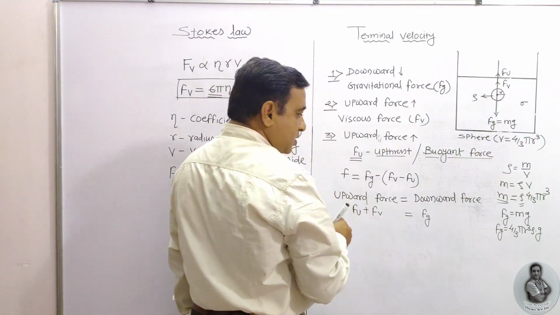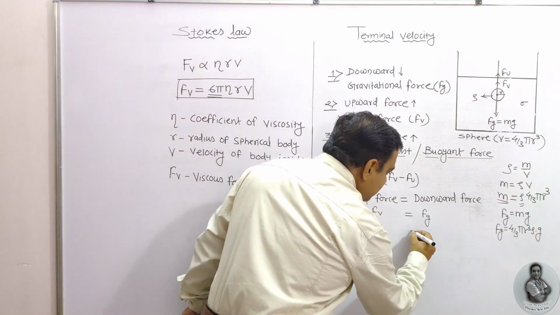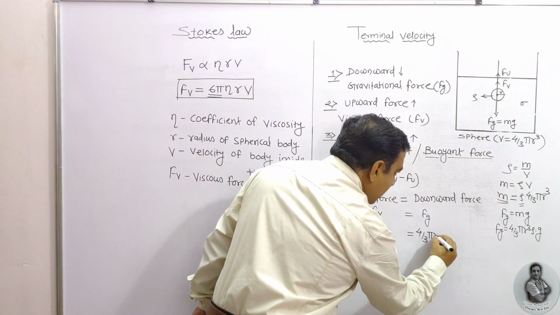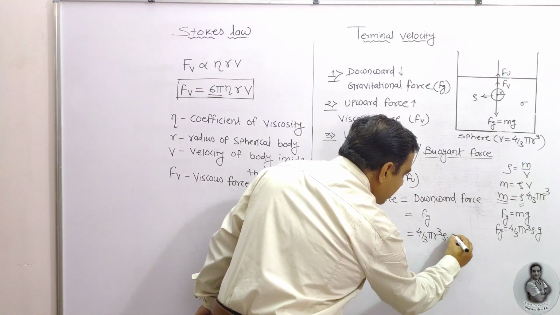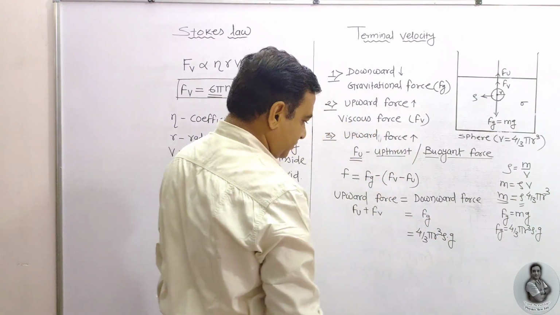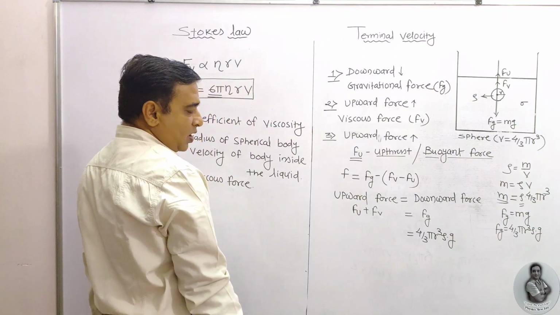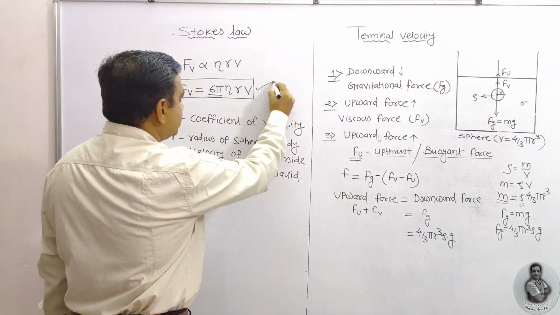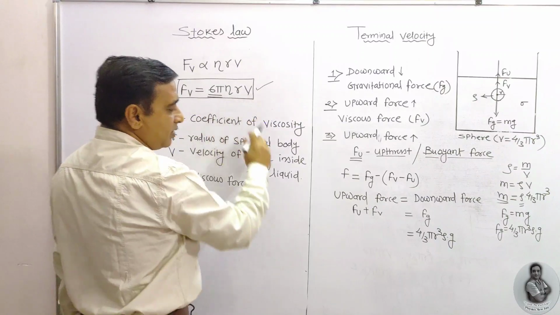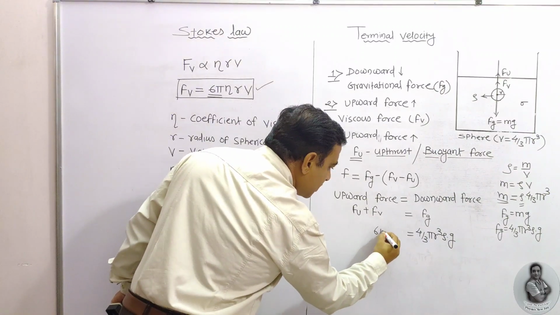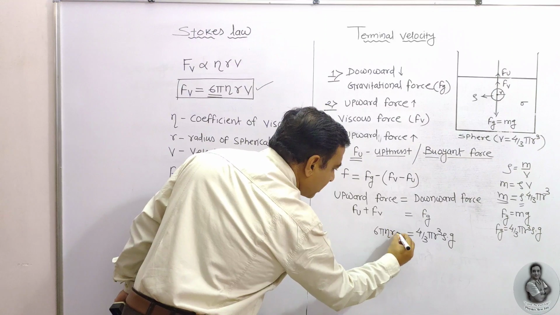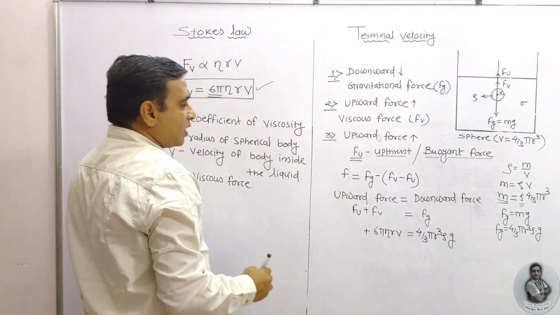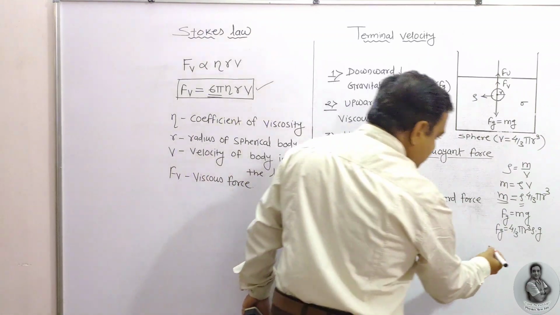So we need to substitute: this is equal to 4 by 3 pi r cube rho into g. What about this Fv? We already calculated this value: 6 pi eta r into v. And what about Fu? Fu can be calculated.